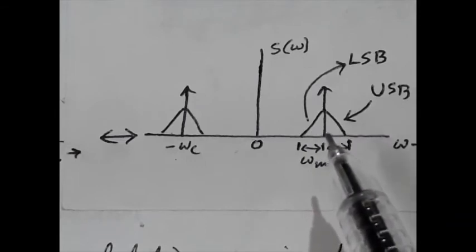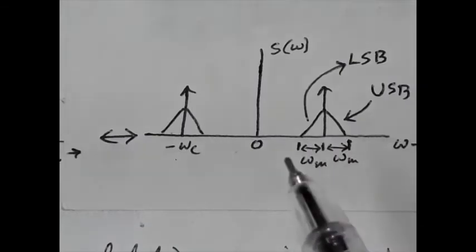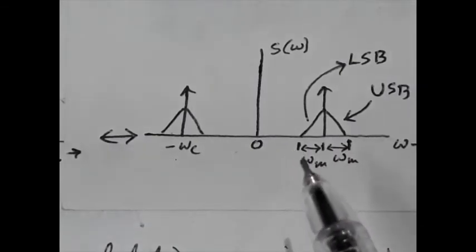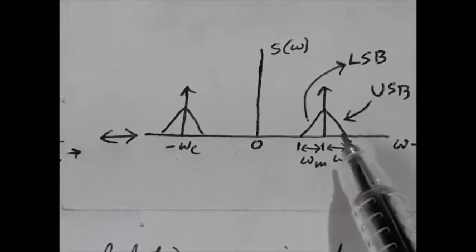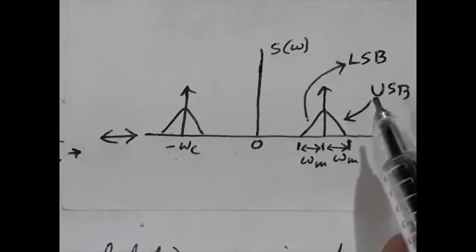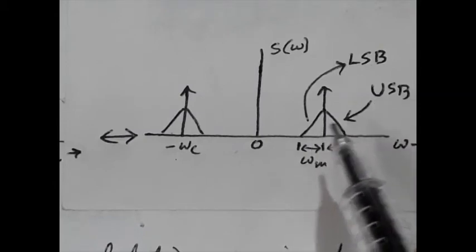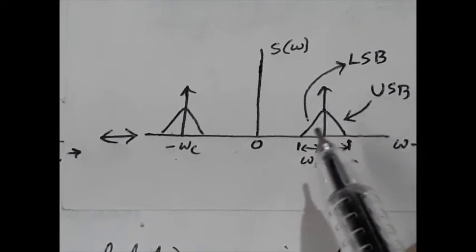One part is above the carrier frequency, another part is below the carrier frequency, right? The part of the spectrum above the carrier frequency is called the upper sideband. So these are actually the sidebands, carrier and two sidebands.